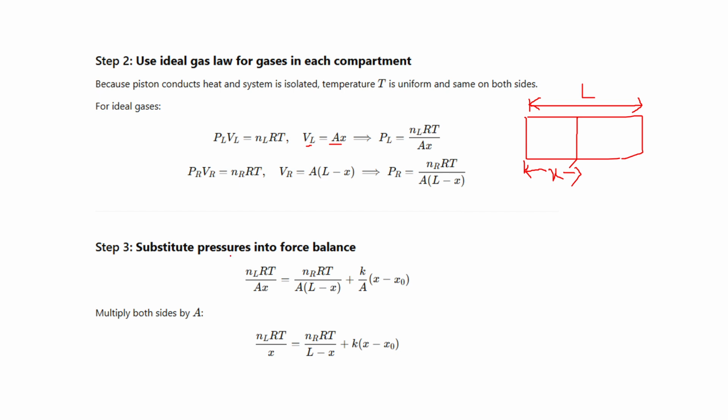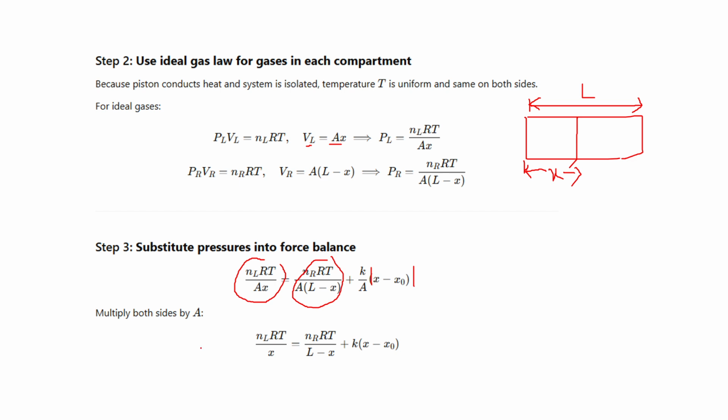When we substitute this left pressure and right pressure into the previous equation, which related pressure and the spring constant, this is the pressure on the left side, and this is the pressure on the right side, plus the spring force divided by A. This is the magnitude, this is the change in length.